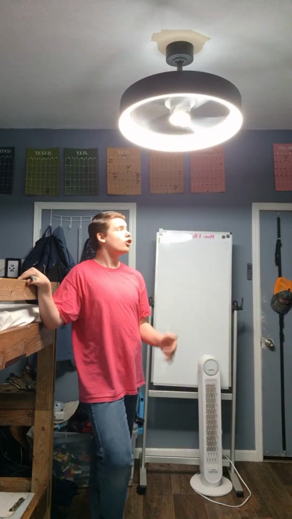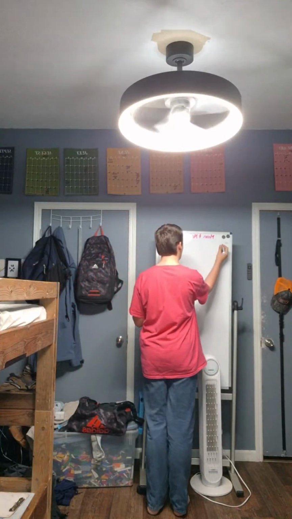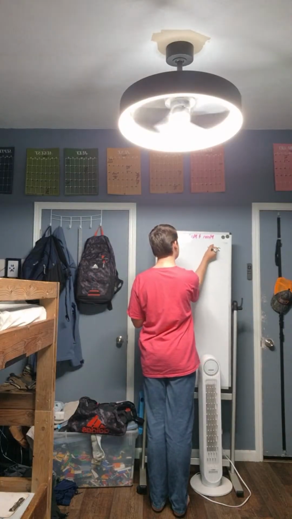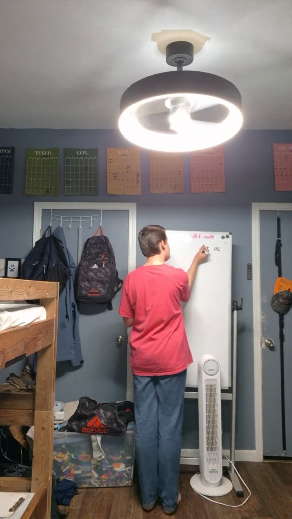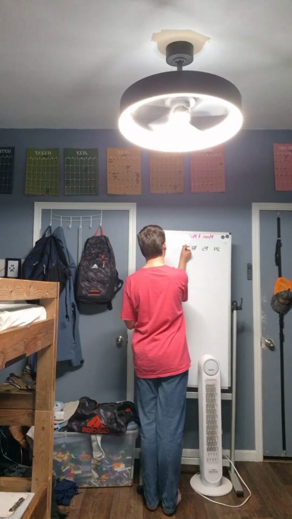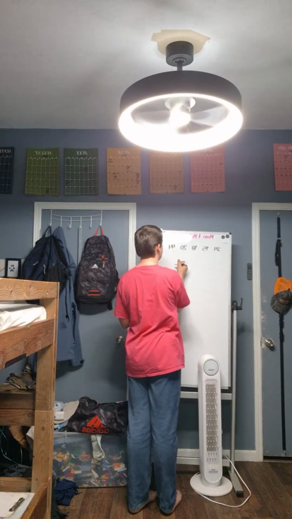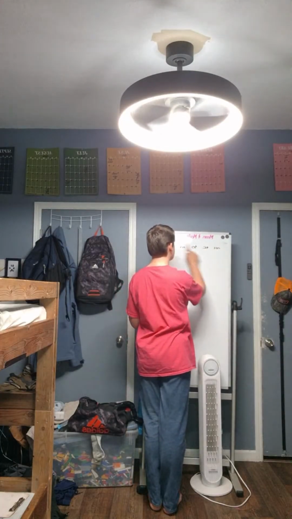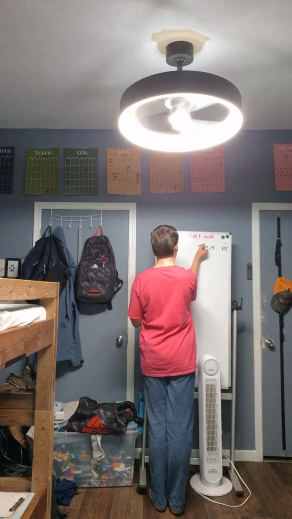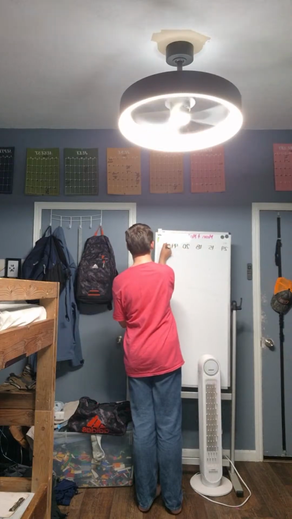So he determines that he sold the following numbers of cans: 24 on Monday, 15 on Tuesday, 18 on Wednesday, 20 on Thursday, 44 on Friday, wow, and finally 68.